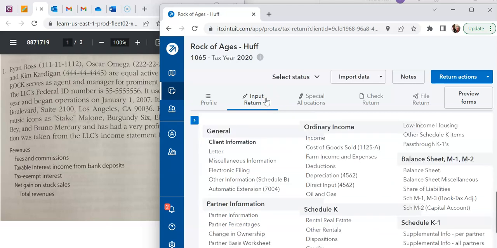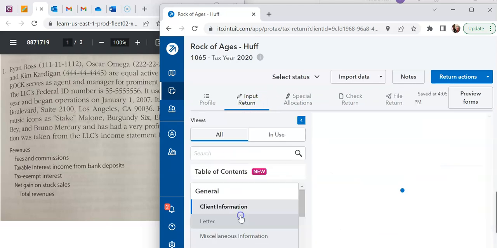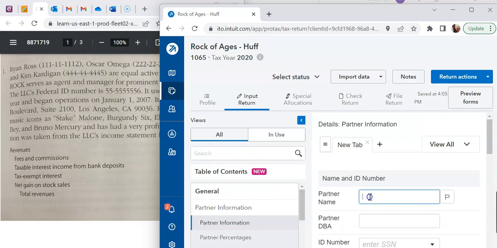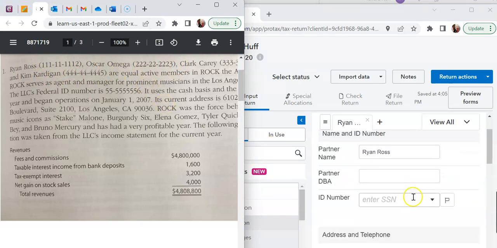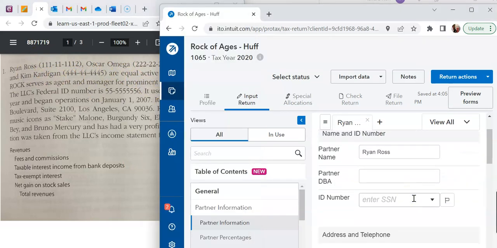Okay, let's just go straight to input the return. Partner info. We have Ryan, Ross. There's one, two, three, four of them, and they're equal members. All right, social 111-11-1112.